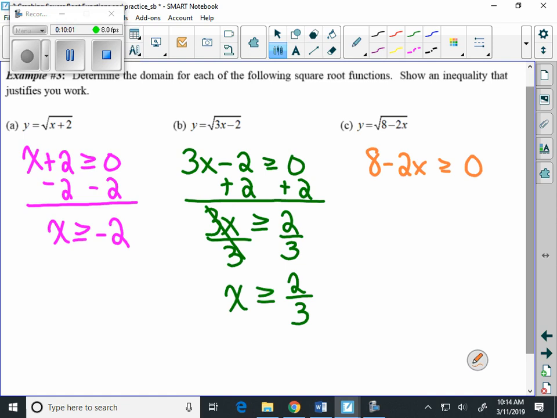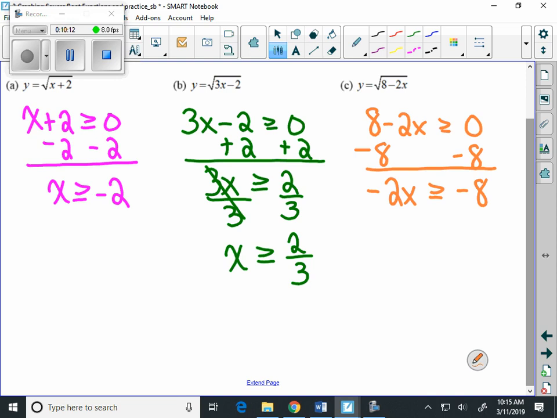But I'm going to leave my letter on the left. I'm going to subtract 8 from both sides. We get negative 2x is greater than or equal to negative 8. To solve, we're going to divide both sides by negative 2.